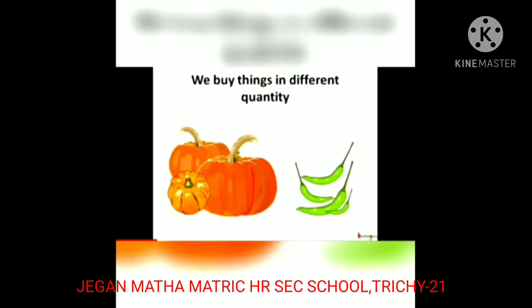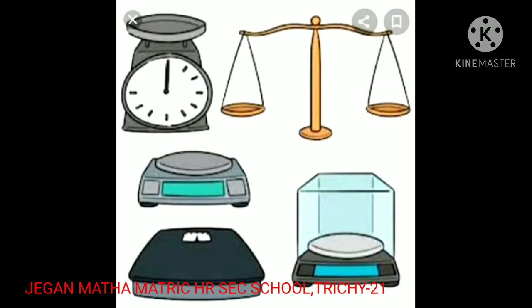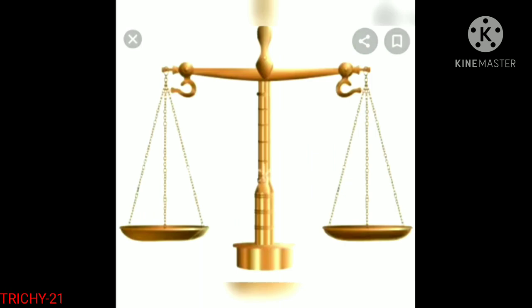How will you measure the weight? Some instruments help us find the correct weight of all objects. These are some instruments to help us find the correct weight: the simple balance machine and electrical weight balance machines. A balance scale is a traditional measuring scale. So this is a balance scale.